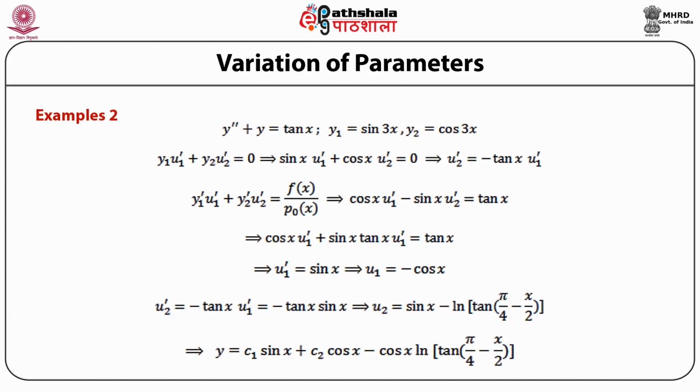Hence, the general solution is y is equal to c1 times sin x plus c2 times cos x minus cos x times the natural logarithm of tan of (pi by 4 minus x by 2).